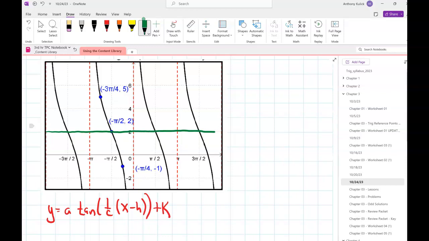Sure. It's right where the graph is bending, right? At this spot, we go from bending down to bending up. So that's where our midline is going to lie. So our K value should be 2. So far, so good.